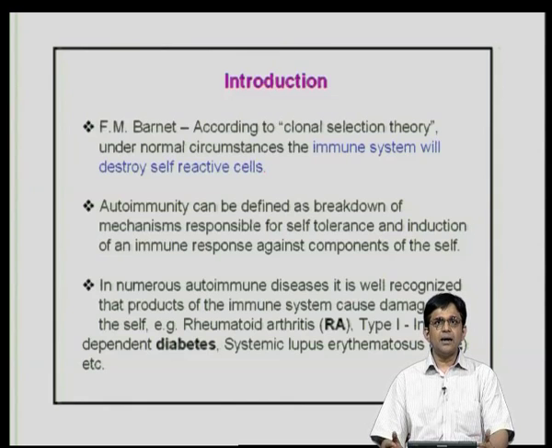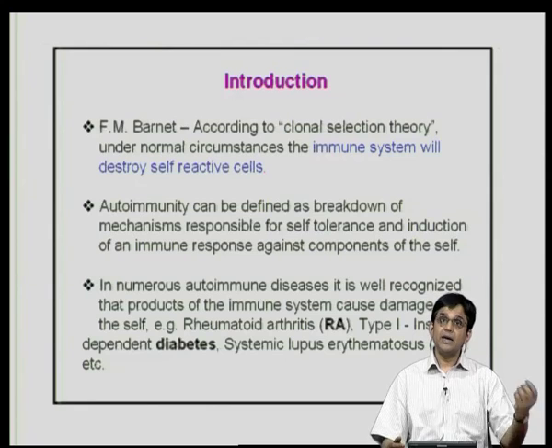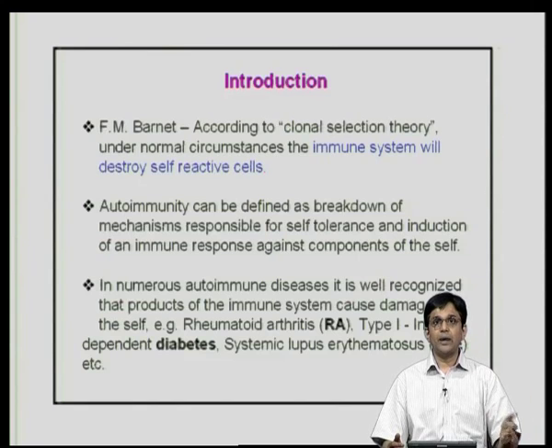The other is type 1 insulin dependent diabetes. Now, if you remember, in terms of diabetes there are two types, type 1 and type 2. Type 1 is the insulin dependent diabetes. Over here you have immune cells that target the beta cells of the pancreas and preferentially kill them, as a result of which insulin is not produced, and since insulin is not produced, the blood sugar levels are very high, leading to diabetes.